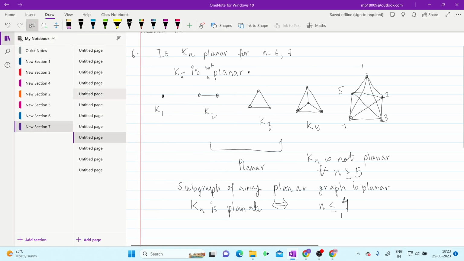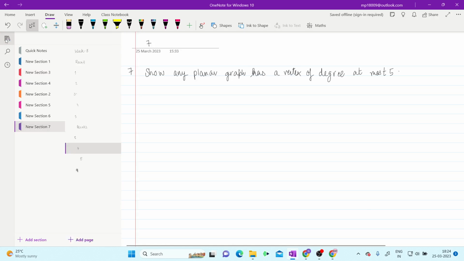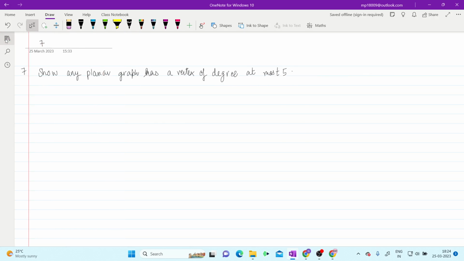Okay, now the next question is, we have to show that any planar graph has a vertex of degree at most 5.